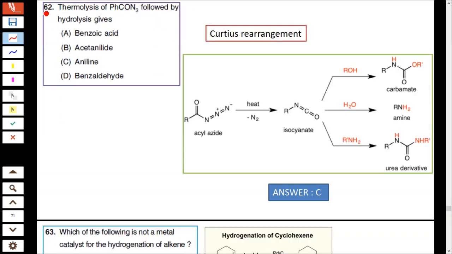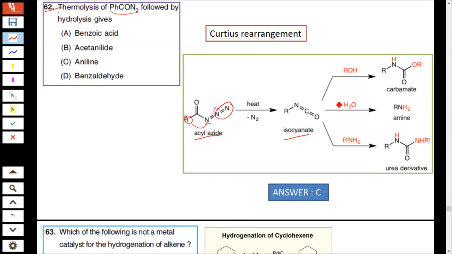Question number 62. Thermolysis of PhCON3, an acyl azide, followed by hydrolysis gives. Listen, it's a Curtius rearrangement where an acyl azide has been given. On heating, N2 will be eliminated and R will migrate here to give an isocyanate intermediate.